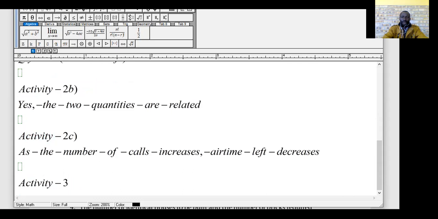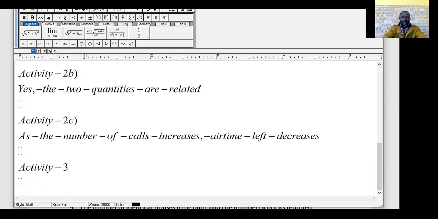So in activity 3, what are the quantities that we are talking about? The first quantity, that is quantity 1, is the length of your arm.